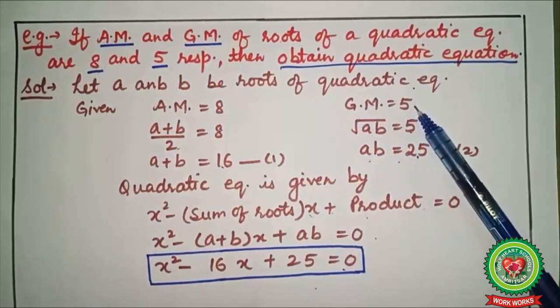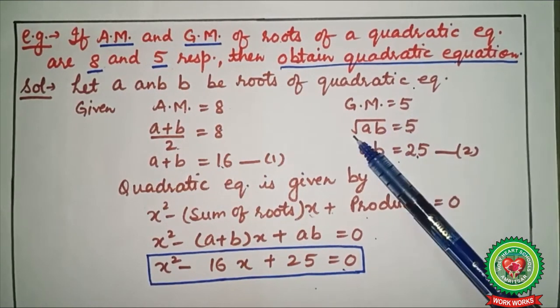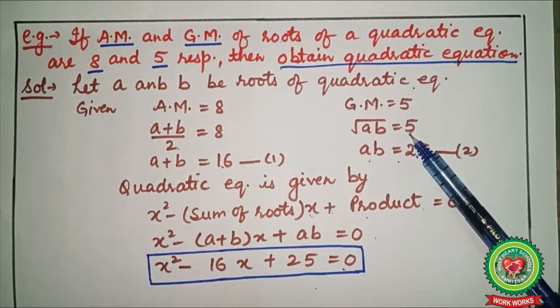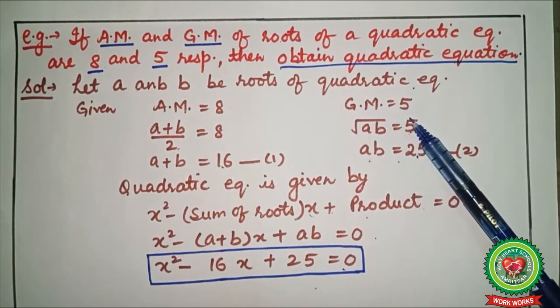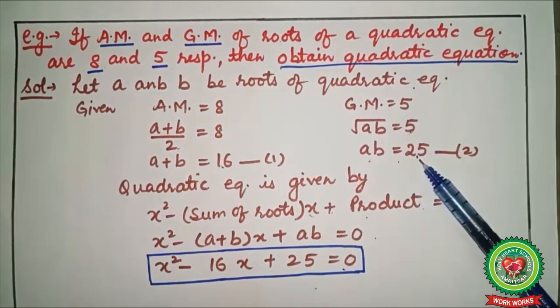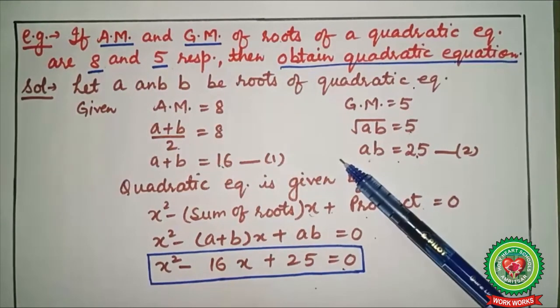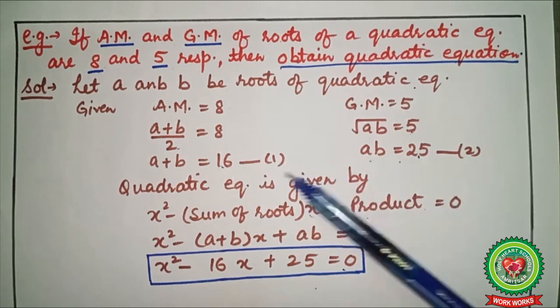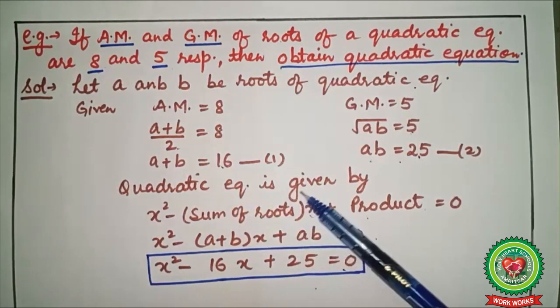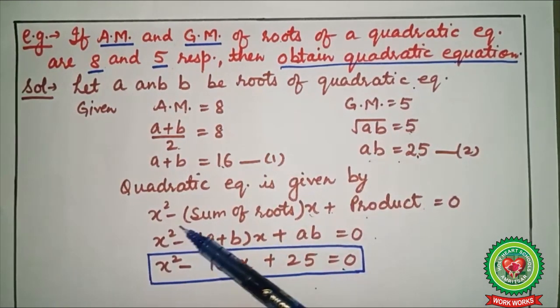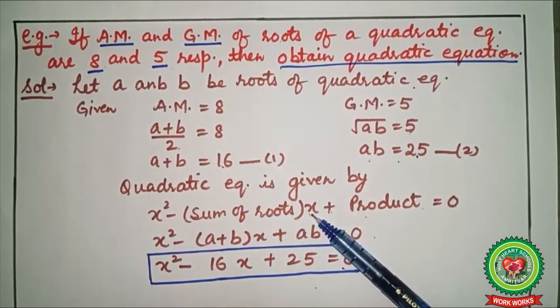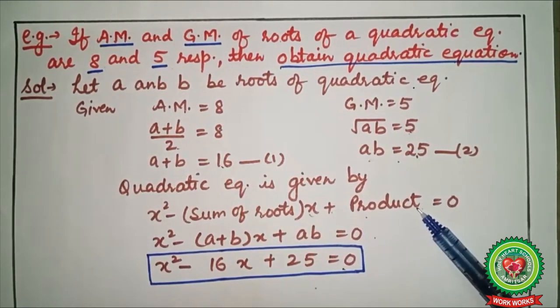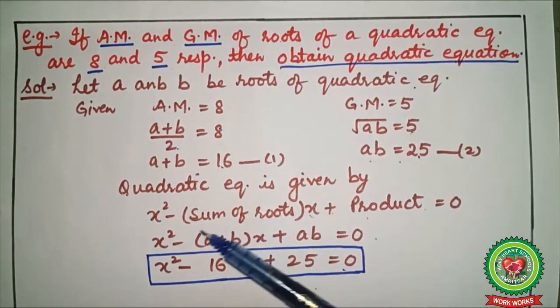Now geometric mean is given, that is 5. So under root of AB is equal to 5. On squaring, we will get AB is equal to 25. That is, product of roots is equal to 25. Now, quadratic equation is given by x square minus sum of roots into x plus product of roots is equal to 0.